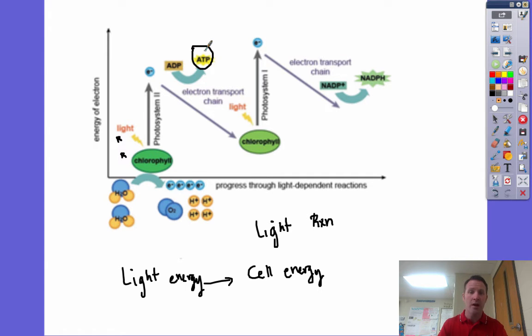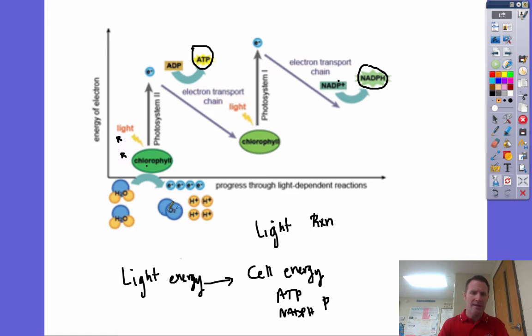So here's a product. Okay, light is going to hit a different pigment. It's going to get excited, go through that electron transport chain, and it's going to form NADPH. So our two forms of cell energy are ATP and NADPH. So those are my products, and my reactants are really light, chlorophyll, ADP, and NADP, if you're keeping score.